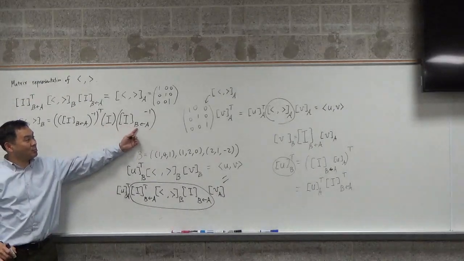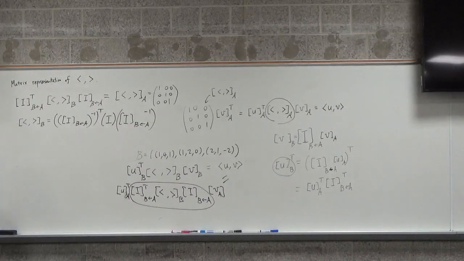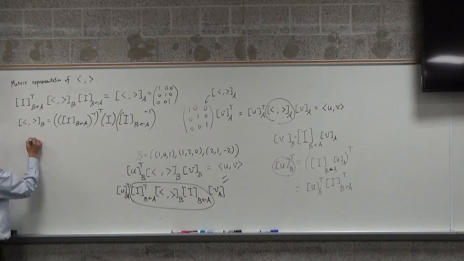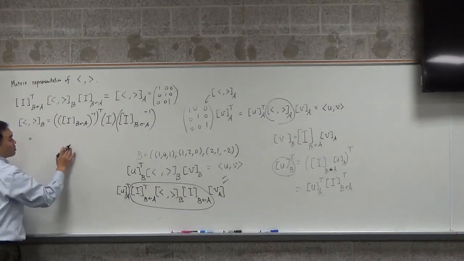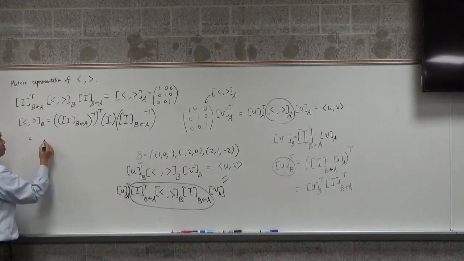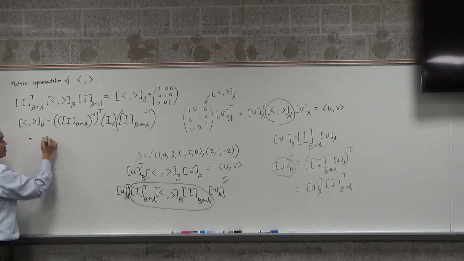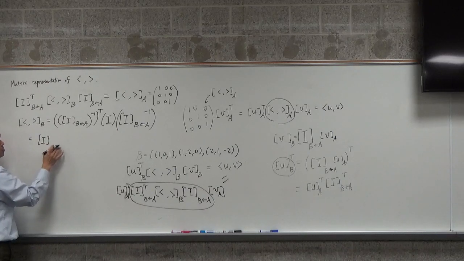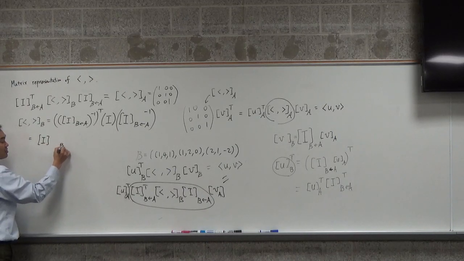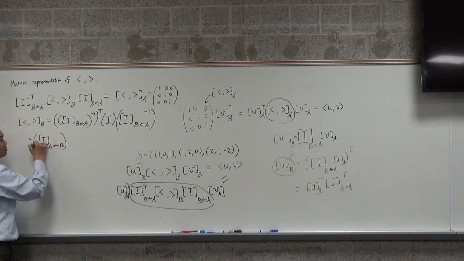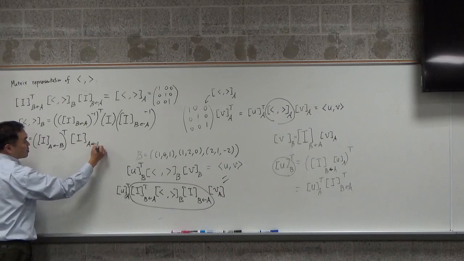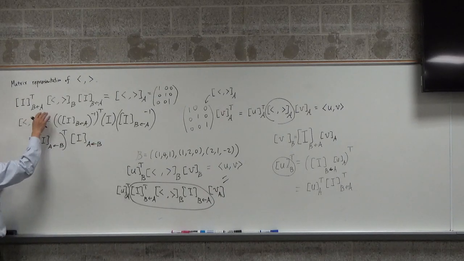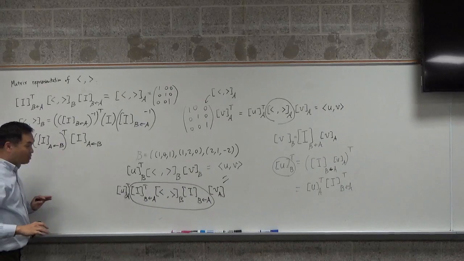What's the inverse of I A to B? I B to A, right? And multiplication by an identity matrix doesn't do anything. So what you end up with is the transition matrix from basis B to A, transposed, times itself. That is what you get for this new basis representation.